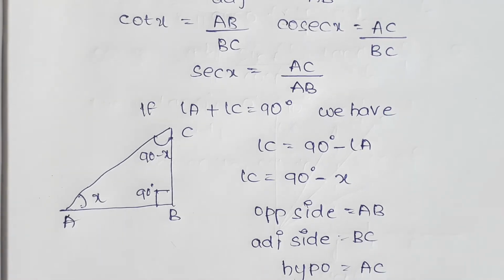And now let us find the trigonometric ratios of the angle 90 minus x.